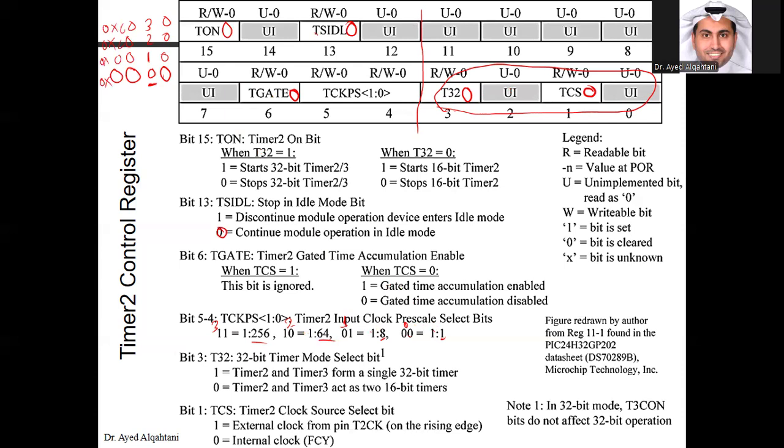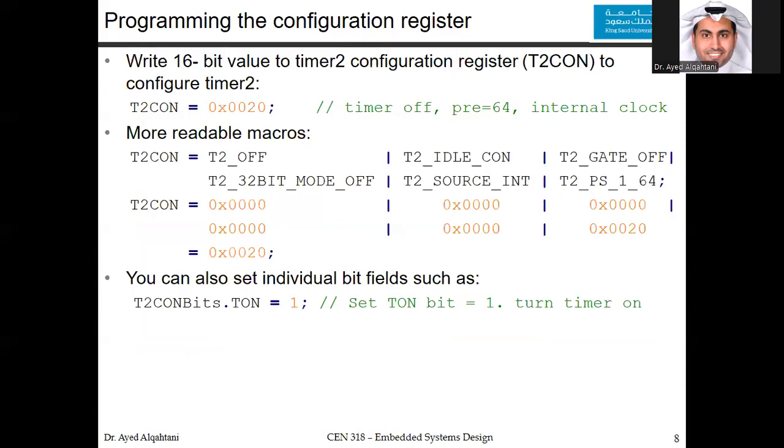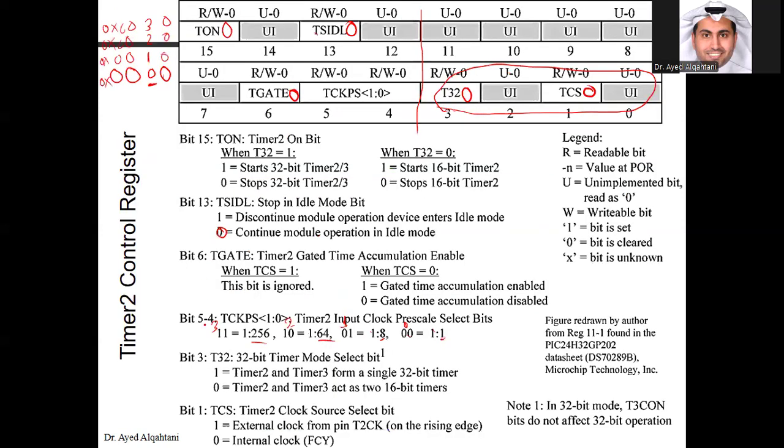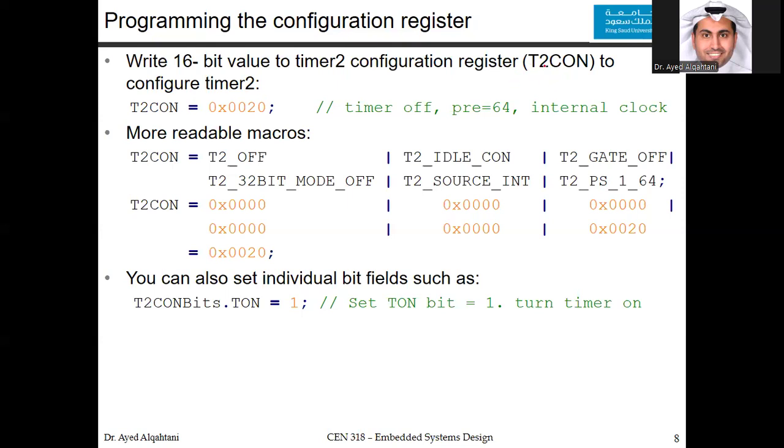Now let's move forward. How to program the timer 2 control register. You can write the 16-bit value for this special function register. This special function register has a name: T2CON, or the timer 2 control register.